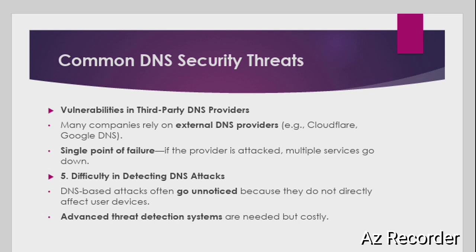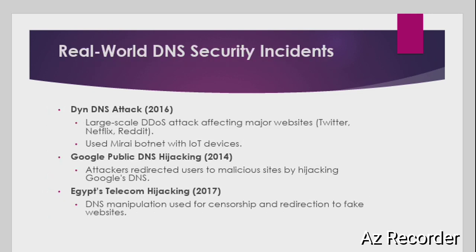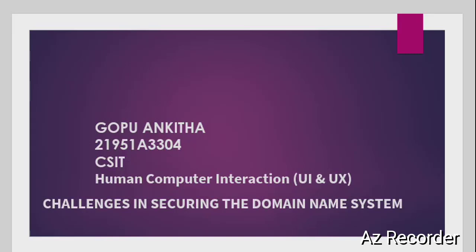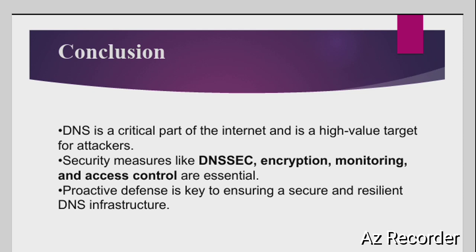DNS based attacks often go unnoticed because they do not directly target the user. DNS attacks include large scale DDoS attacks on major websites like Twitter and Netflix. DNS is a critical part of the internet and a high value target for attackers; security measures like encryption, monitoring, and access control are needed.